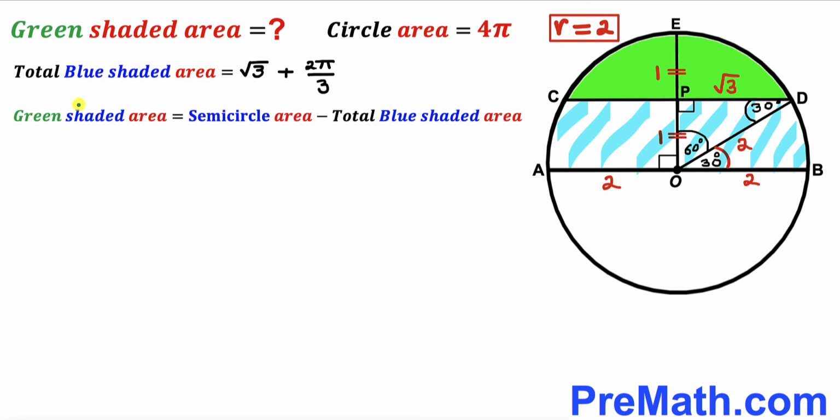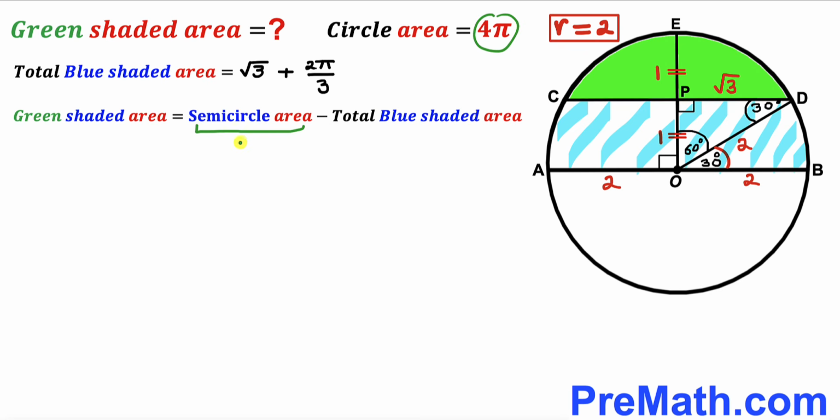And now let's make an observation. We can see this green shaded region area equals the semicircle area minus the total blue shaded region area. And here we can see this is our semicircle area. And we know our circle area has been given to us as 4 times pi. So therefore the semicircle area is going to be half of that one.